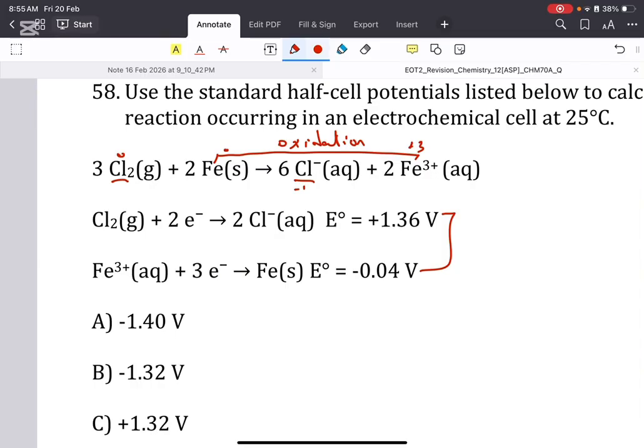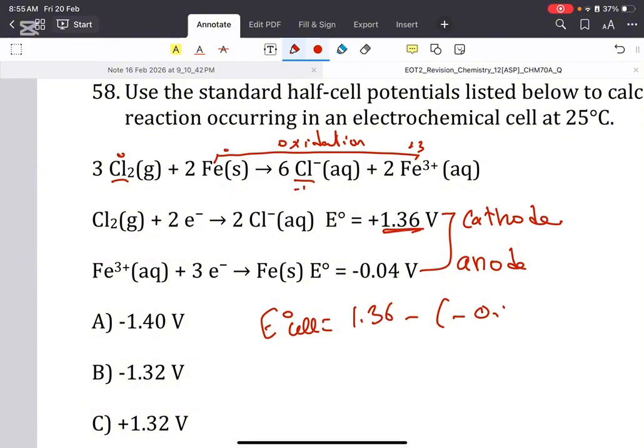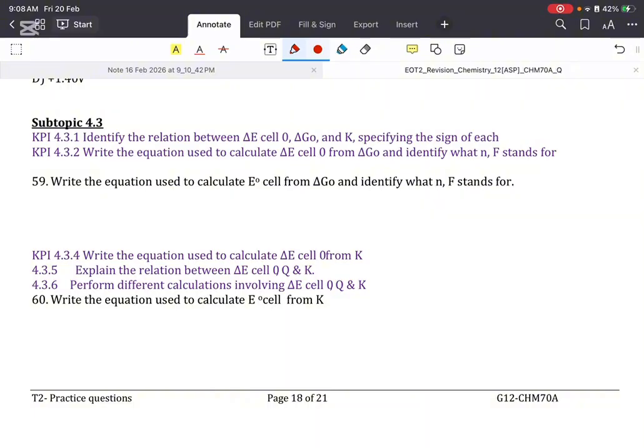Anyway, 1 is enough. So that is the anode, and that is the cathode. Oxidation occurs at the anode. So E cell over here is cathode minus anode. And the answer is 1.40 volt. It's positive, so it is spontaneous.